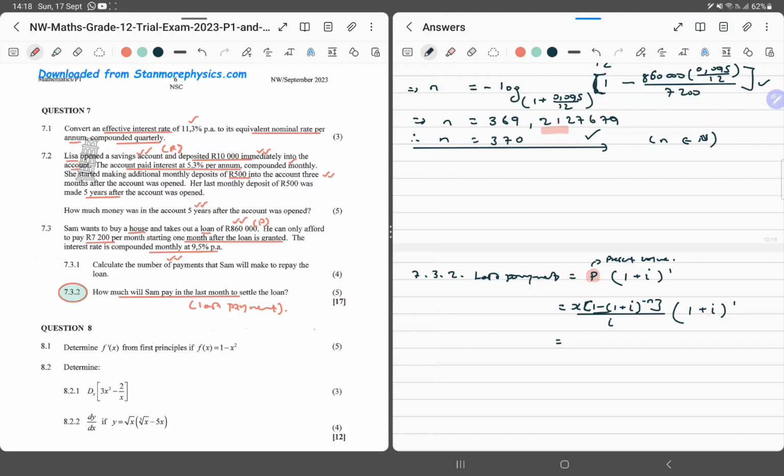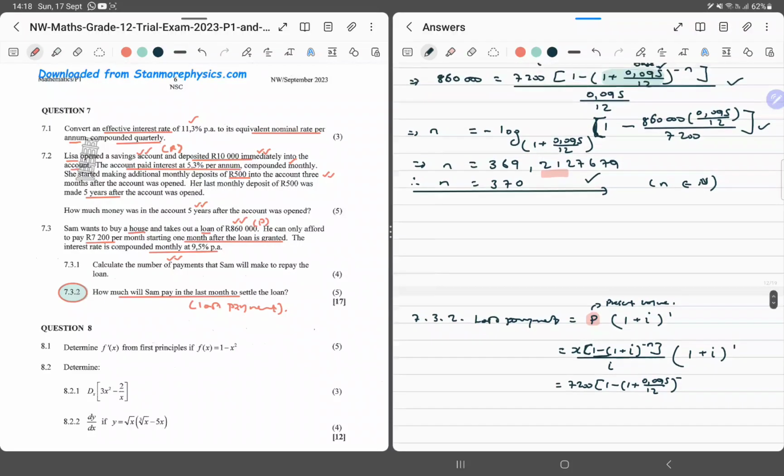Now, what are we doing here? We are going to do this. This was 7,200 essentially. It's going to be 1 minus, then this is going to be 1 plus 0,095 over 12, to the exponent minus.